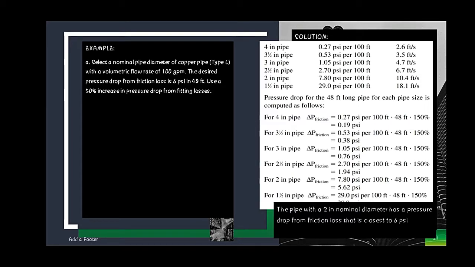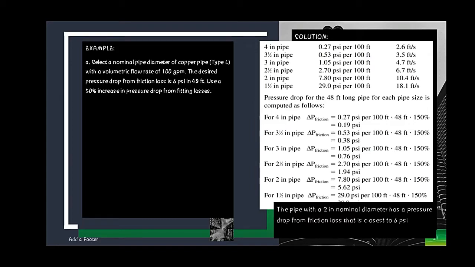And then, yung gagawin lang natin is i-compute natin dito yung friction loss kada pipe or sa bawat iba't ibang diameter ng pipe, and then yung may pinakamalapit doon sa desired pressure drop, yun yung magiging final answer.